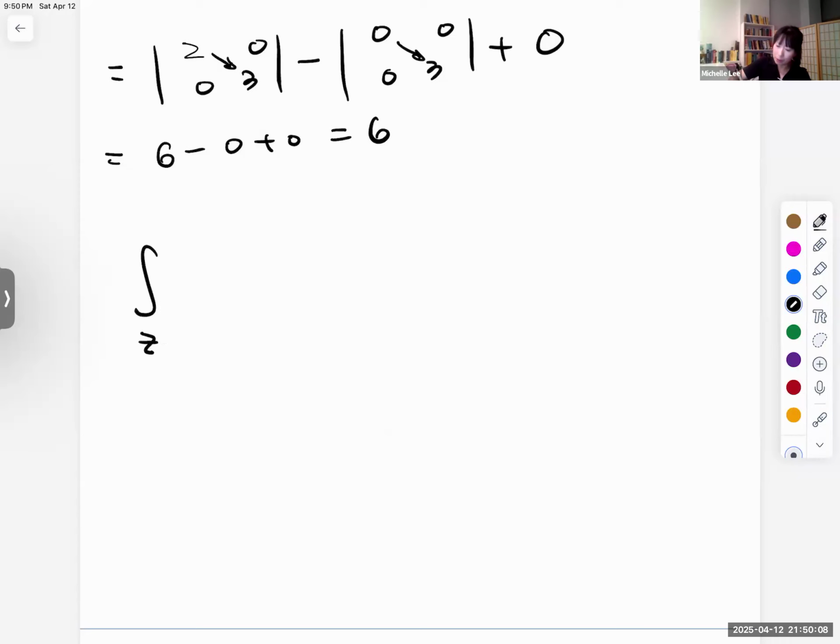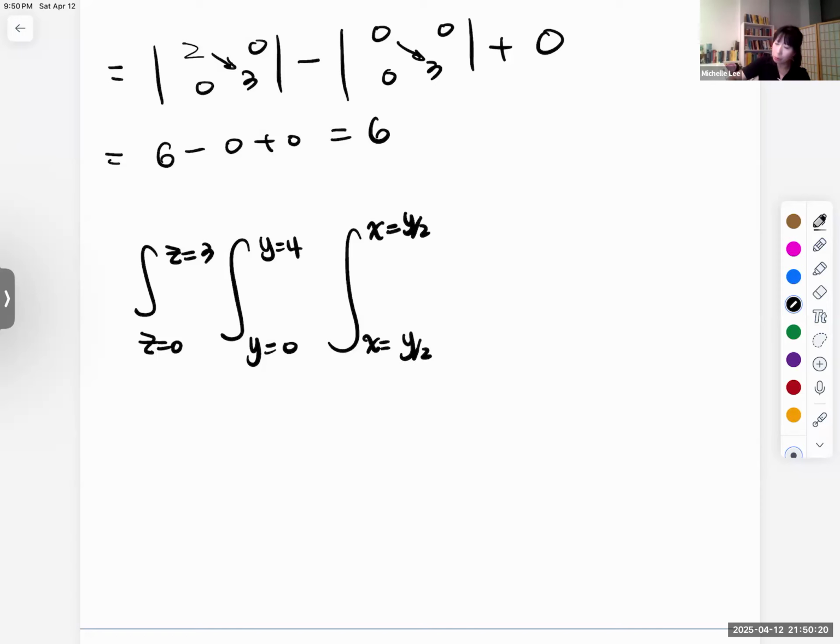So we have z equal to 0, z equal to 3. We have y equal to 0, 2, 4. And x equal to y over 2, y over 2 plus 1, x plus z over 3, dx, dy, dz. Yeah. What was the x? x equal to u plus v. What was the z? z equal to 3w, right?